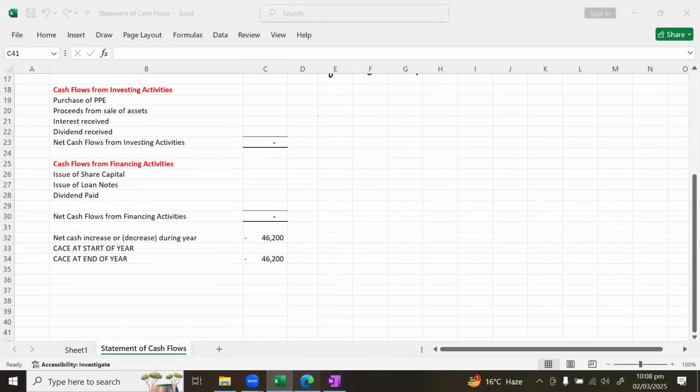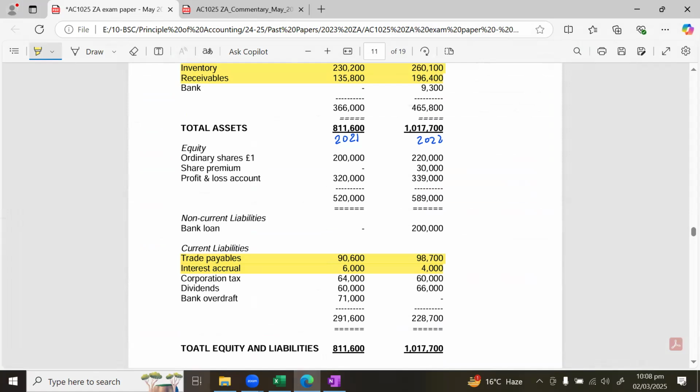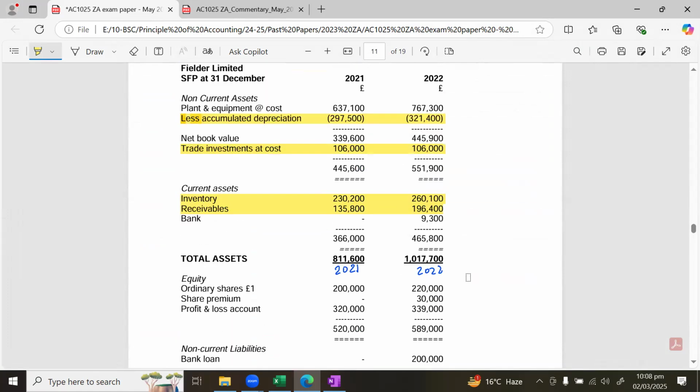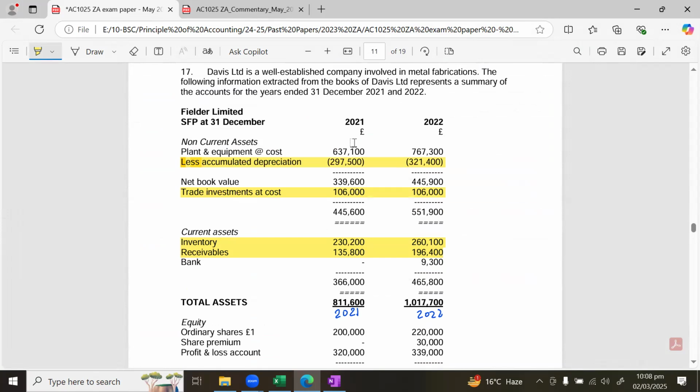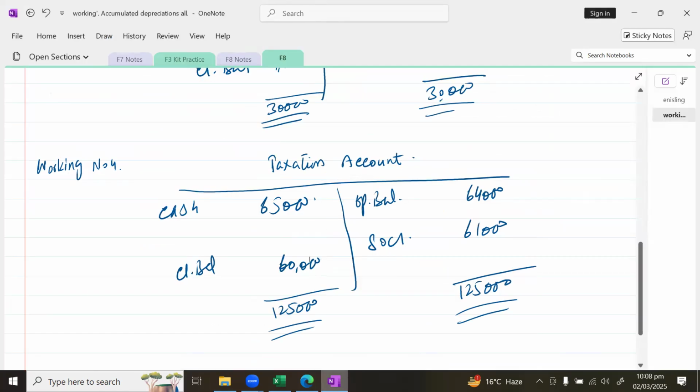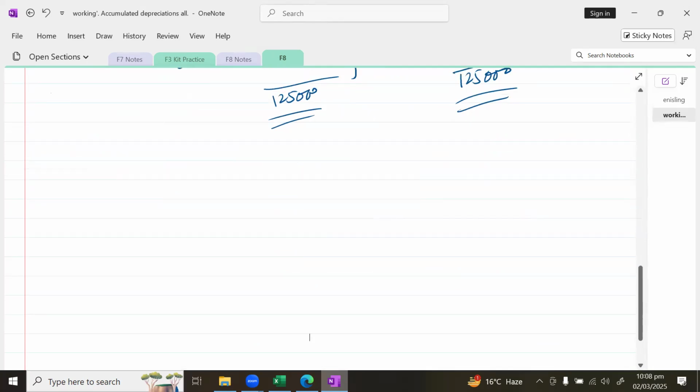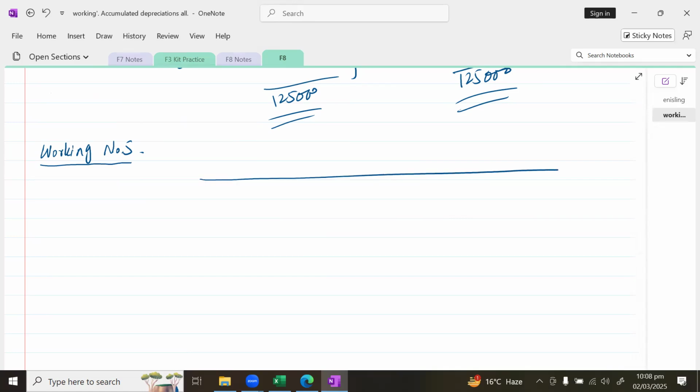Then look at the property, plant and equipment numbers. These are also done. Plant and equipment cost opening balance is 37,100. I would like to add over here working number 5. Property, plant and equipment, or you could say plant and equipment.